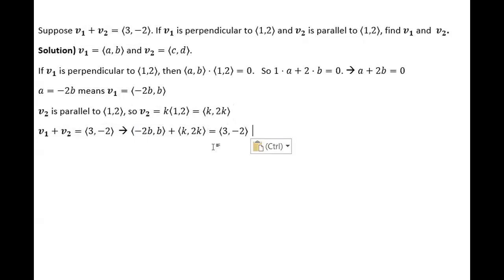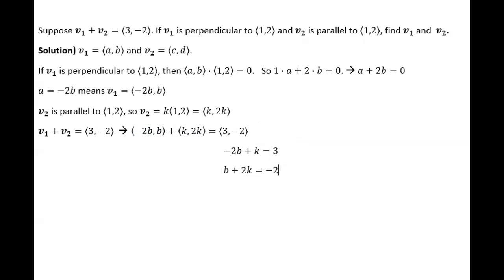Okay, great. And individually, since this means negative 2B plus k is the x component, now we can say we have negative 2B plus k equals 3. And we also have B plus 2k equals negative 2.